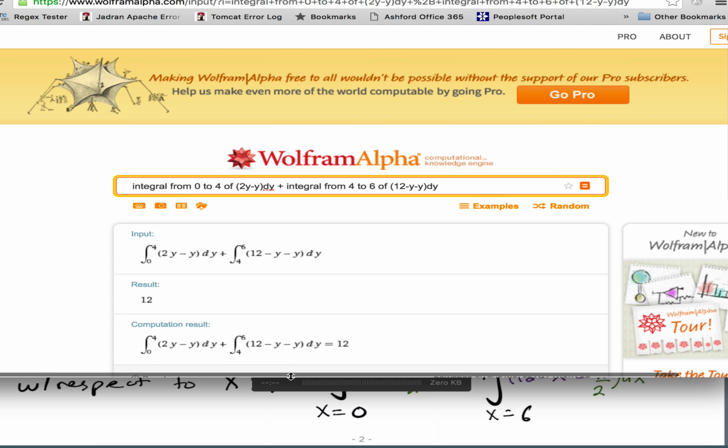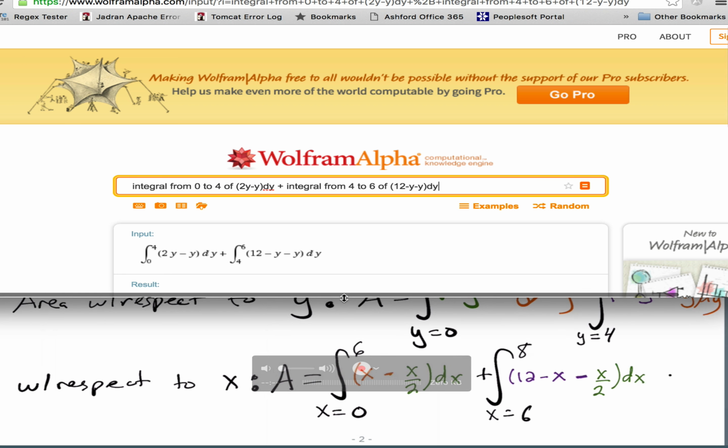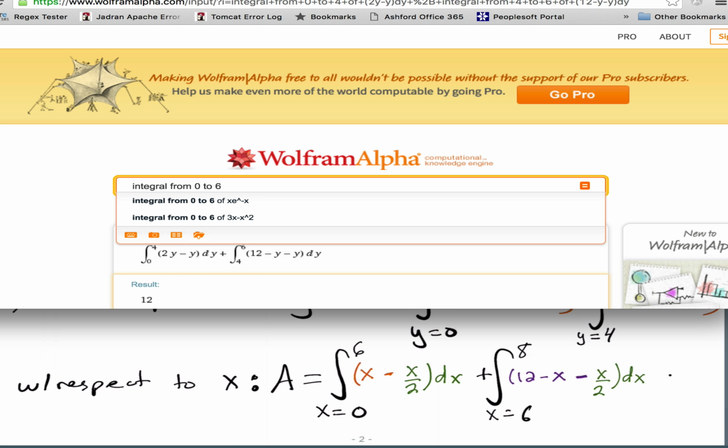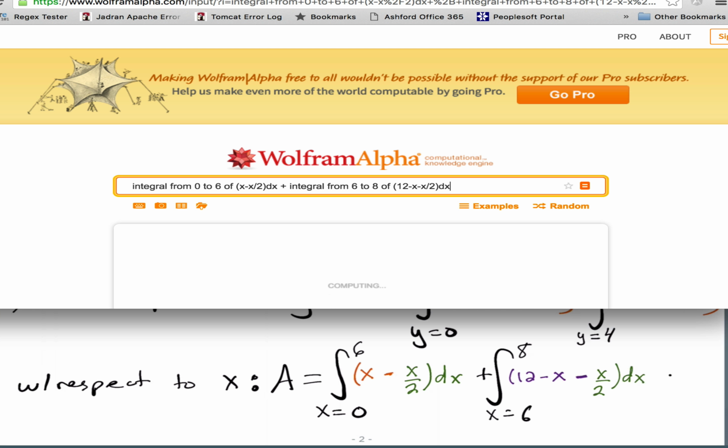All right, so what does that say? 12. Does that look right? Okay, we'll write it down. 12. Okay, so let's do the second one: integral from 0 to 6 of x minus x over 2 dx plus the integral from 6 to 8 of 12 minus x minus x over 2 dx.